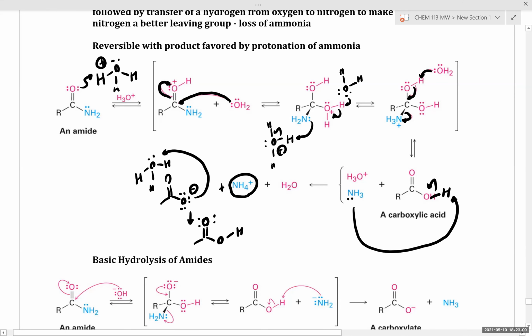Our leaving group has been protonated and rendered functionally non-nucleophilic. Does that idea make sense to everyone? Any questions on this mechanism for amide hydrolysis under acidic conditions?